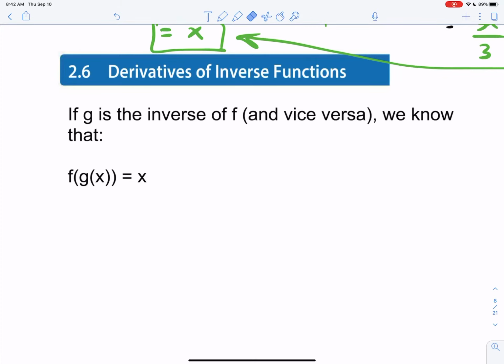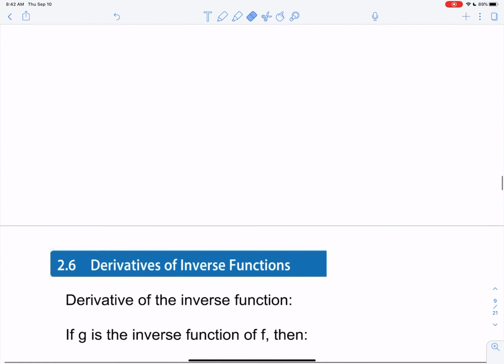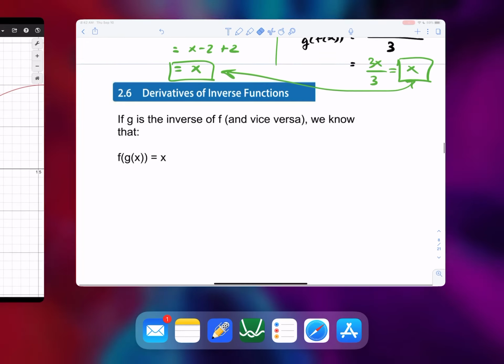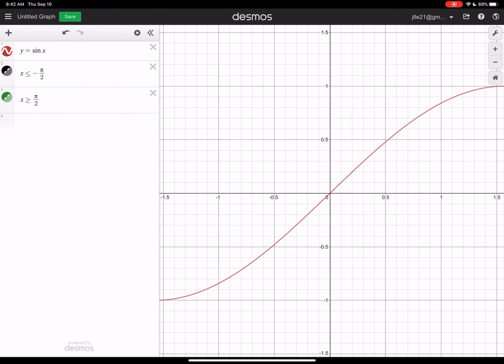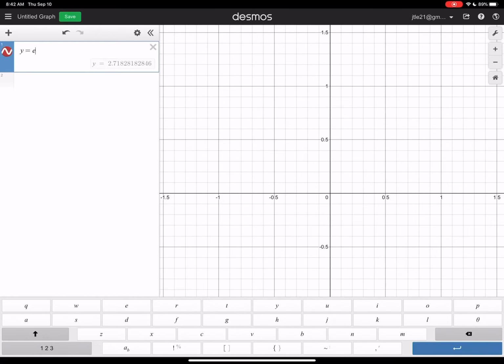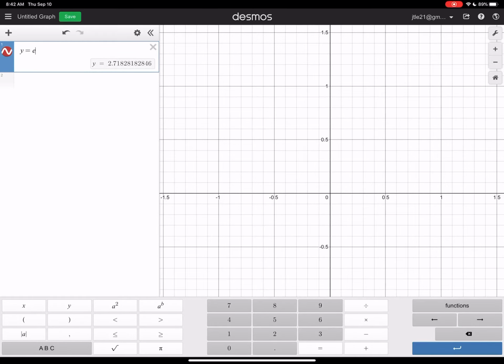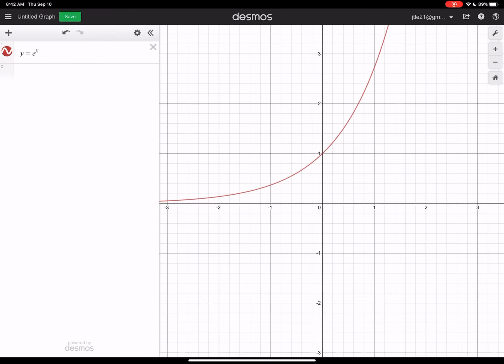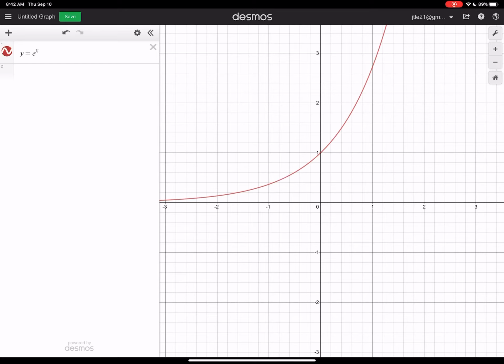Okay, so think about this here. Let's say we had e to the x. That's probably the easiest one. E to the x, exponential functions.